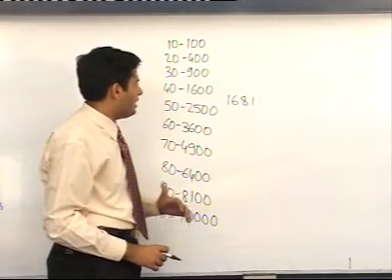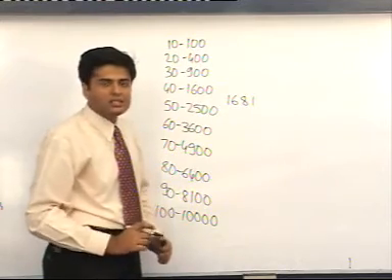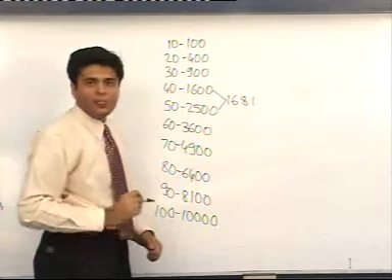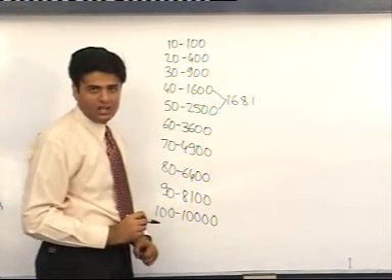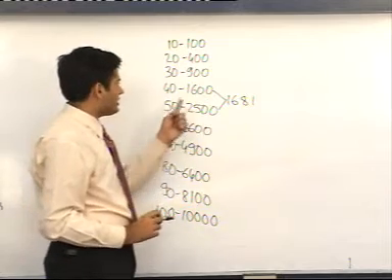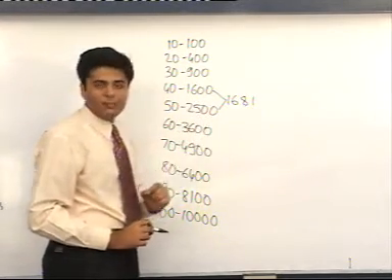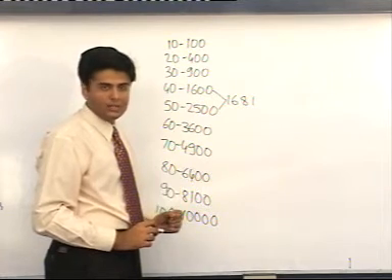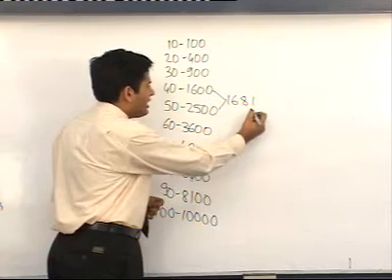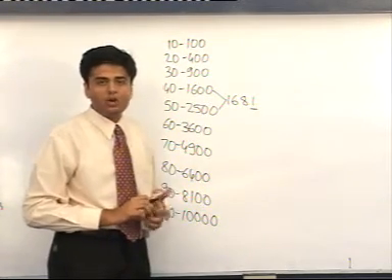Now, we notice here that the number 1681 lies between 1600 and 2500. That means the square root of this number lies between 40 and 50, because 40 is related to 1600 and 50 is related to 2500. That means the answer lies between 40 and 50. Further, the number ends in 1. We have already seen that if the number ends in 1, square root ends in 1 or 9.